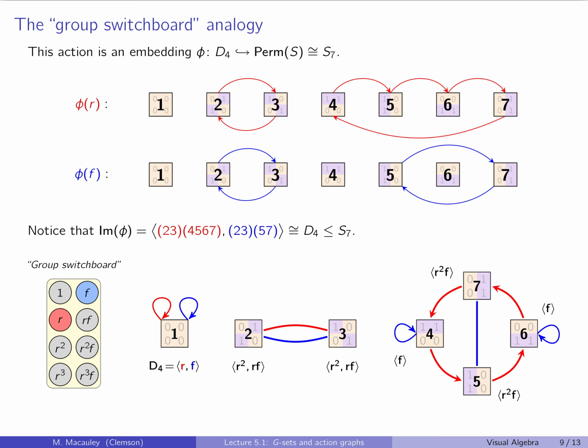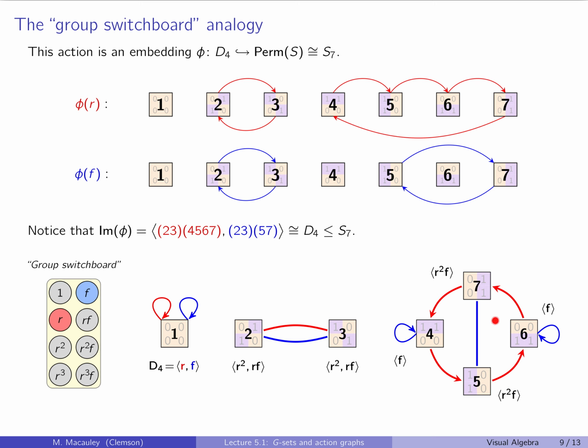It's not immediately clear that this is an embedding, but one way you could check that is that you actually get 8 permutations from these two things here. So you can just write them out, and you can't have more than 8 because you're starting with a group of order 8. But once you have 5 of them, you know that this map has to be one-to-one.